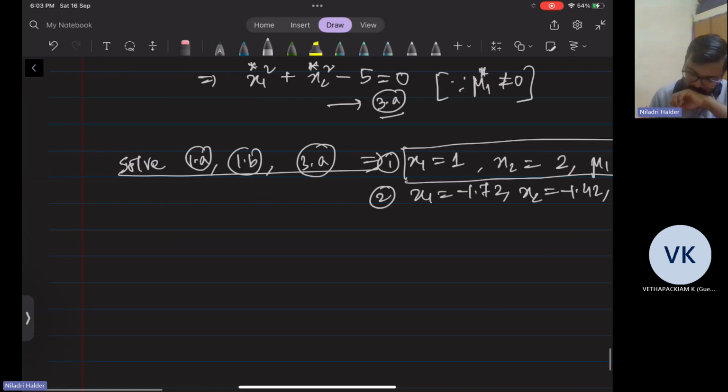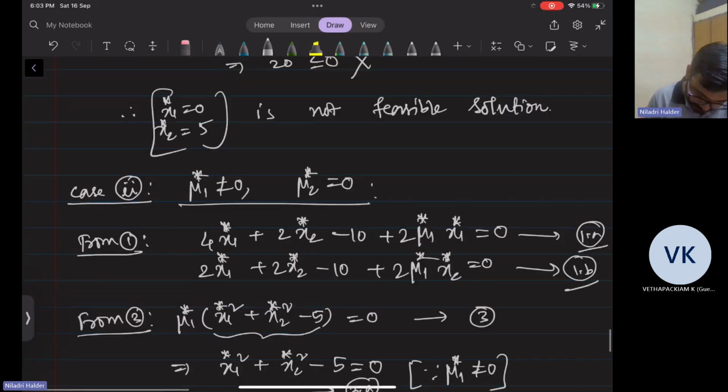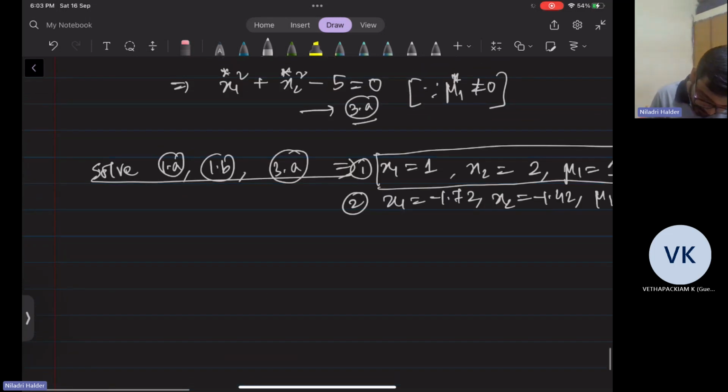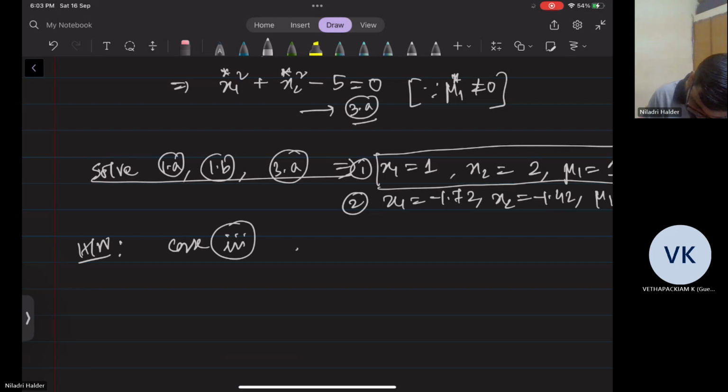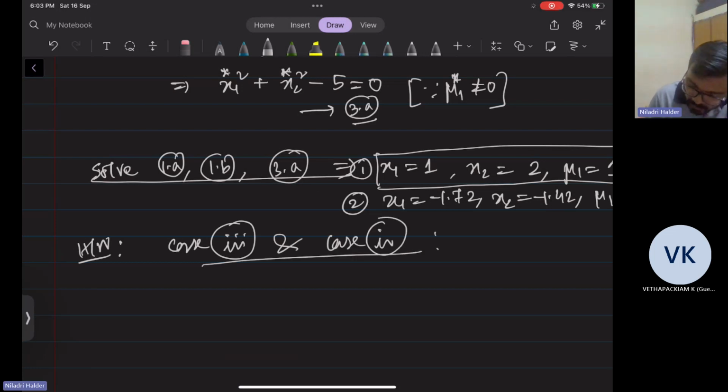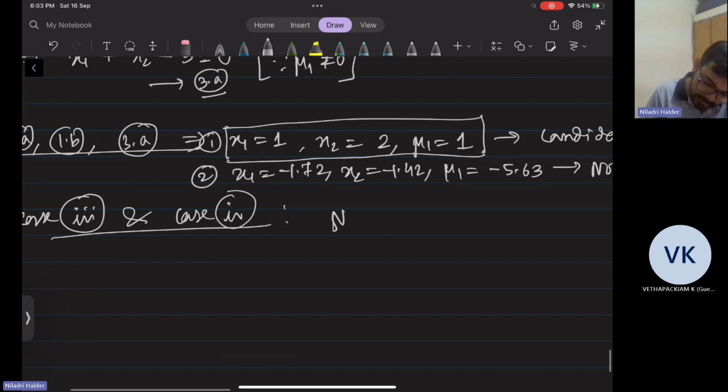Okay. So this is the case 2. Now case 3 and case 4, if you solve in this way, then you will get no feasible solution.